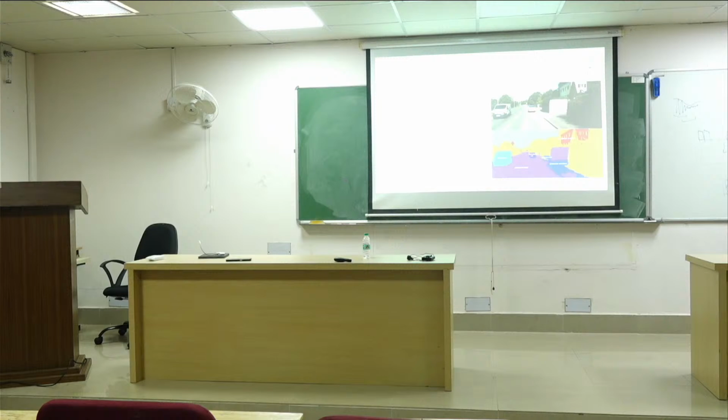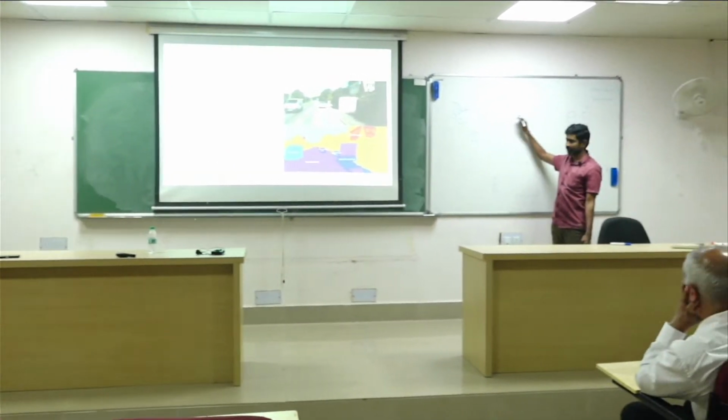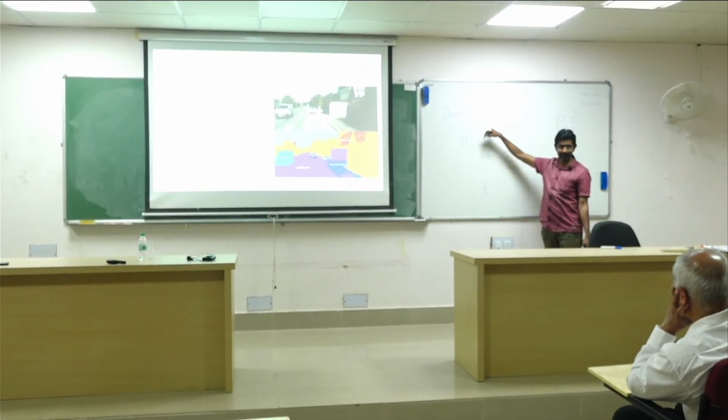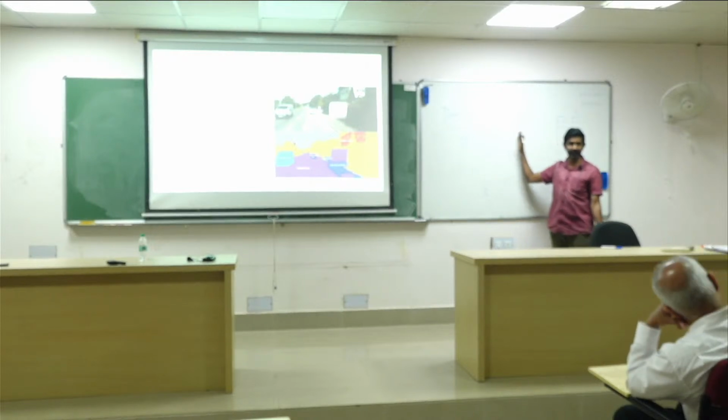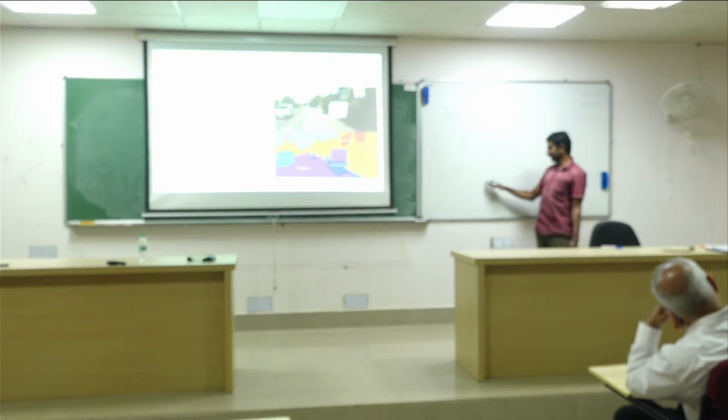This MFCCs never worked with a neural network. That is because they have very different variance across different components. So what worked with neural networks were filter banks. It is a filter bank, but at a Mel scale, at a smaller scale here and bigger scale here. So they tried to learn the filters.